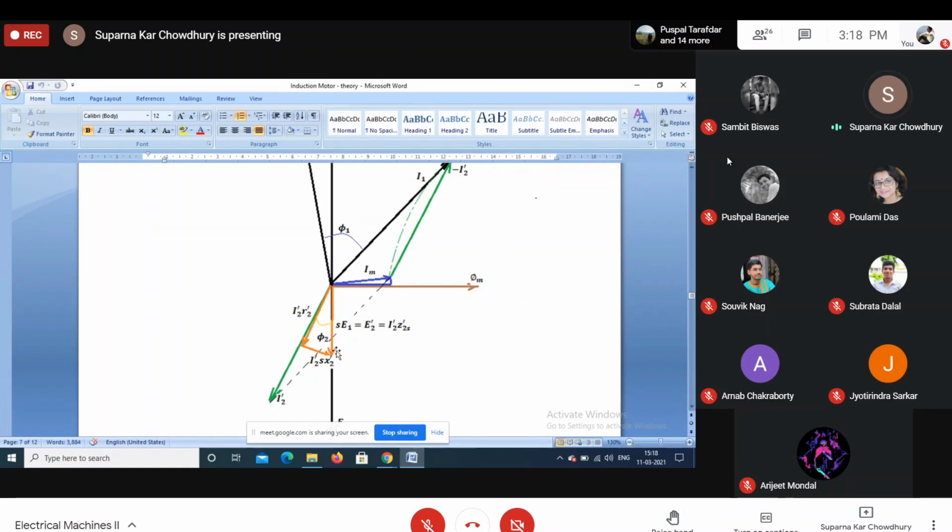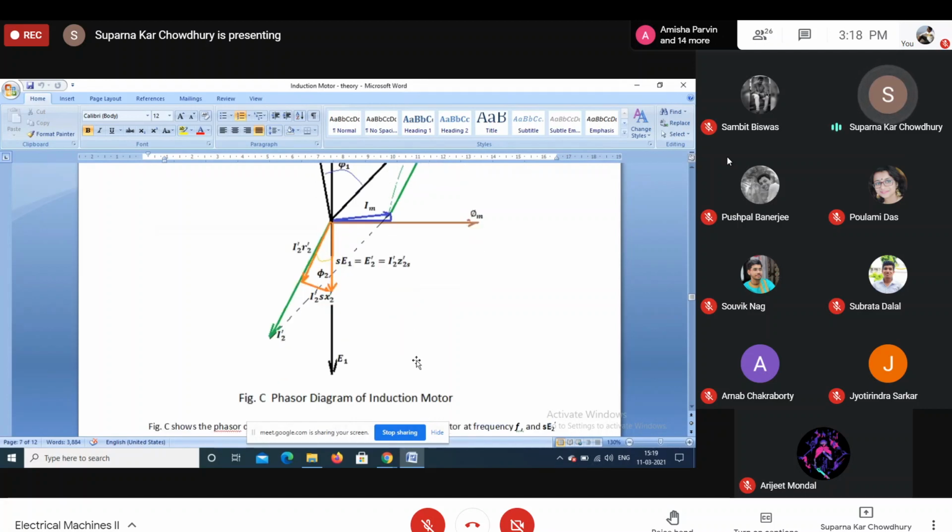This rotor circuit voltage has two components, this component and this component. That rotor circuit voltage into current into the power factor angle is the rotor circuit power. Now this component I2 dash R2 dash into I2 dash will be I2 dash square R2 dash, which is the copper loss. The rest will be the mechanical power.